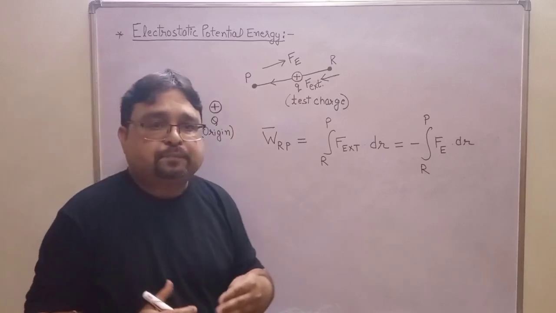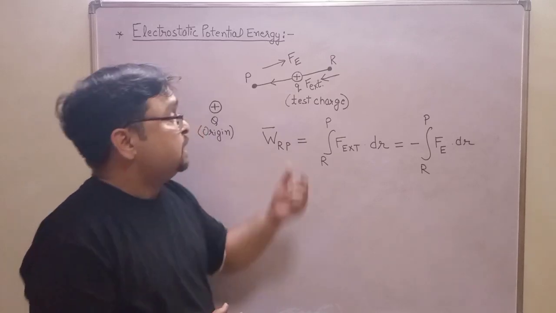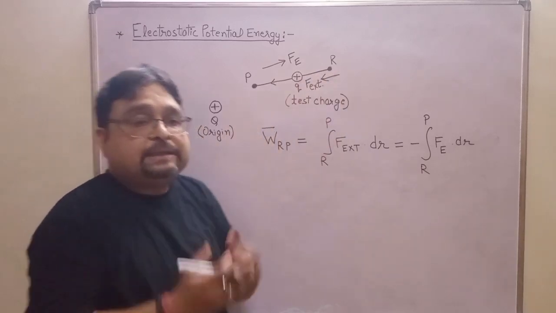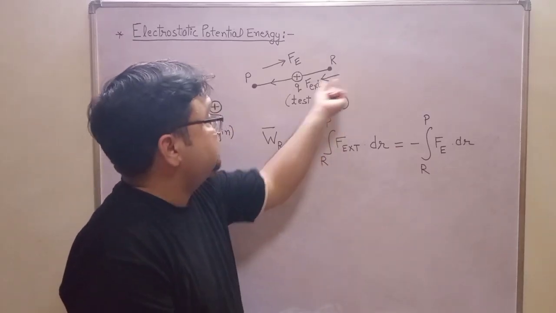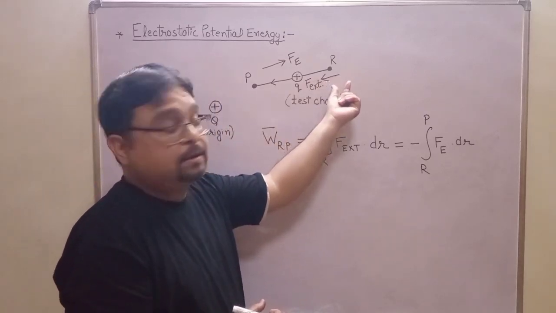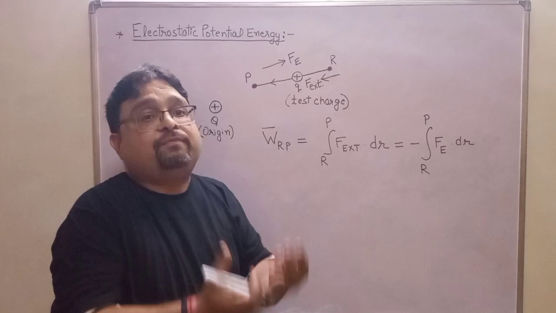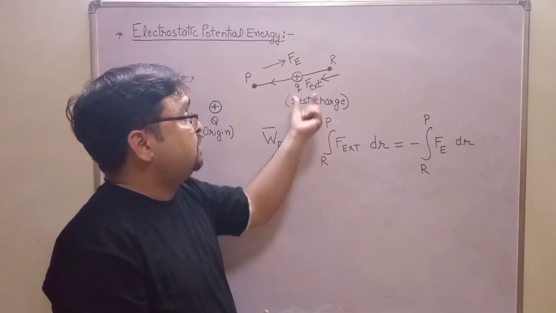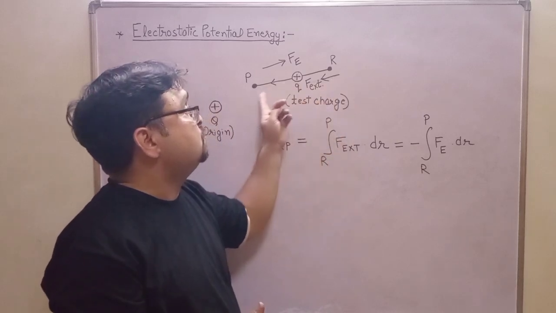Now we will see how to derive the formula for electrostatic potential energy. See, the increase in this potential energy moving from point R to point P is actually the difference of electrostatic potential energy between these 2 points. Whatever potential energy you are giving to this small test charge in the form of work done, that increase in work done will actually be equal to the potential energy difference between these two points.